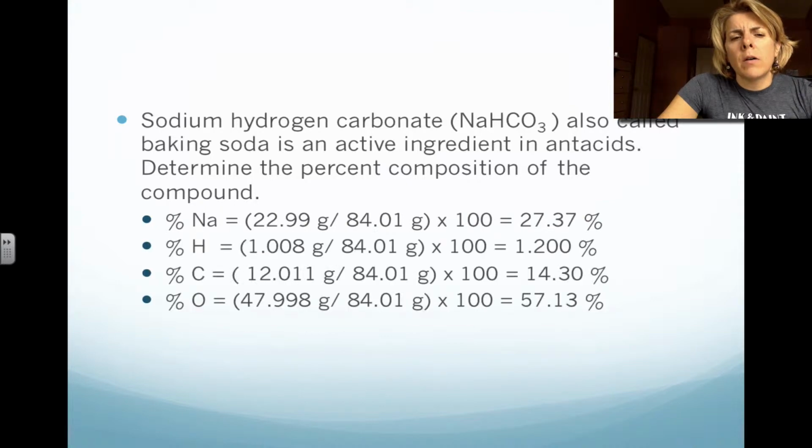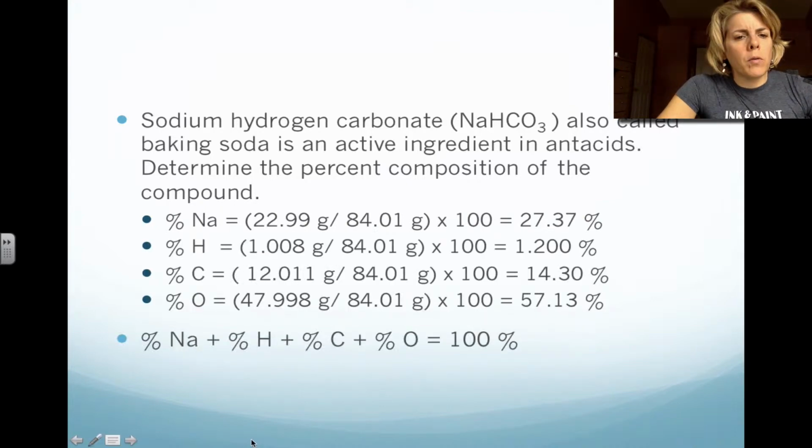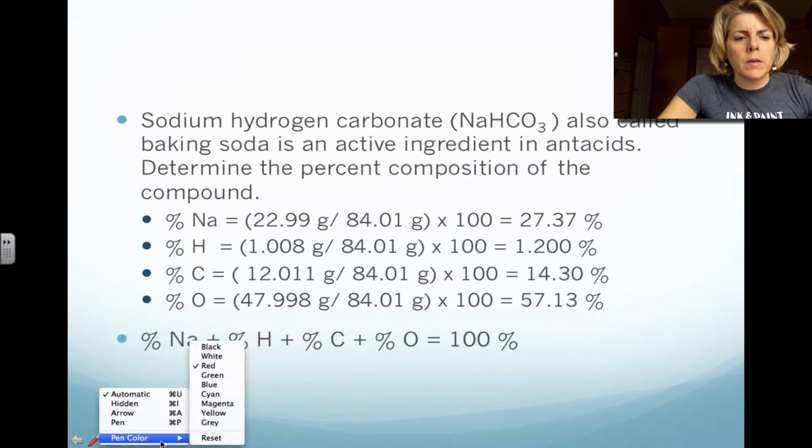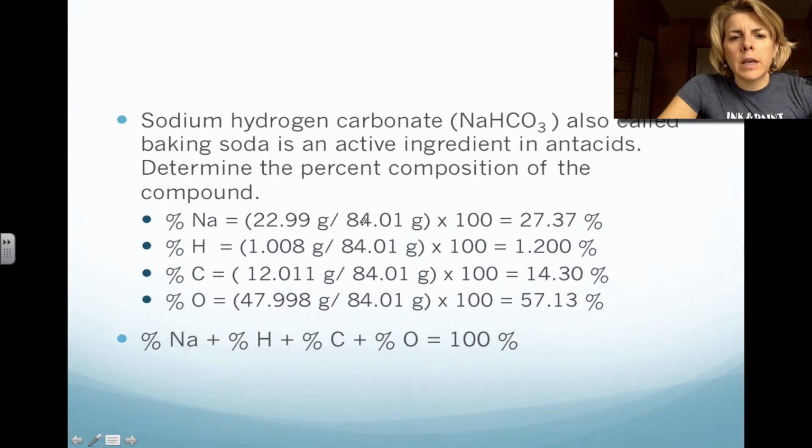Now, what you need to figure out with this type of problem is you're looking at molar mass. So 84.10 grams is essentially adding up the different masses for this compound. Please remember that oxygen has 3 atoms. You want to multiply the molar mass of oxygen 3 times.